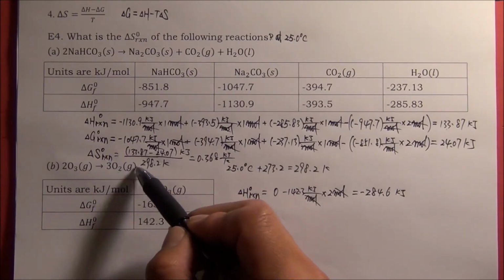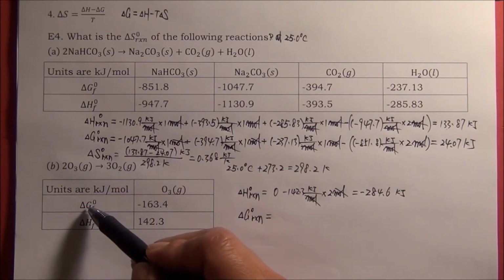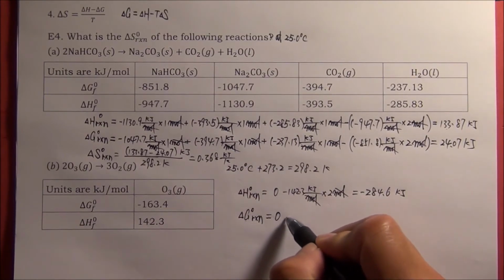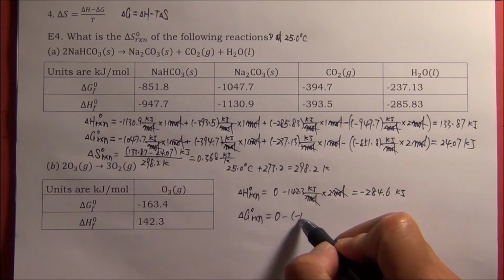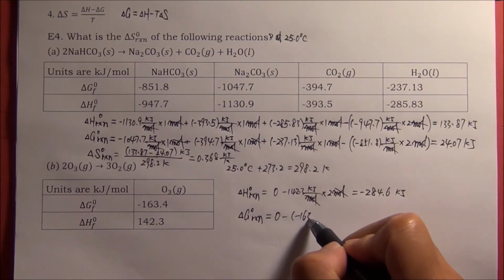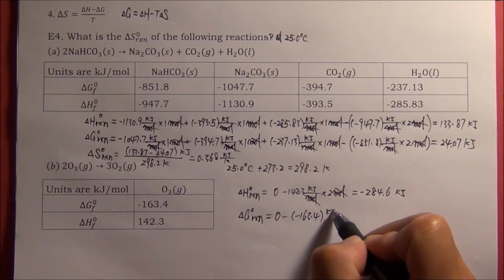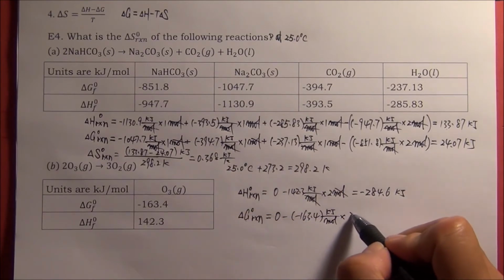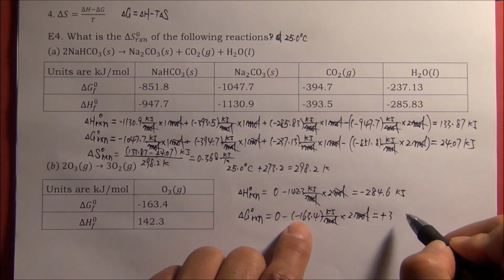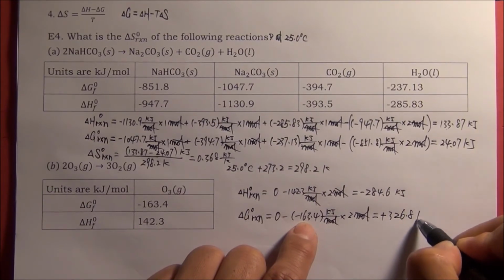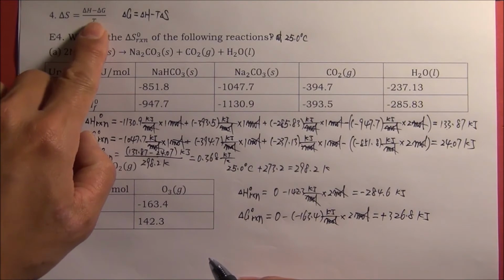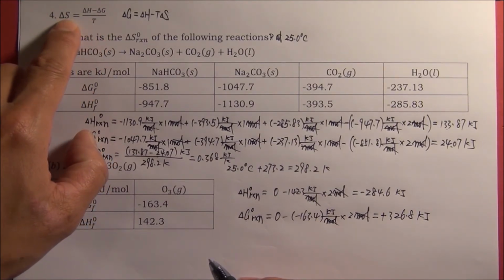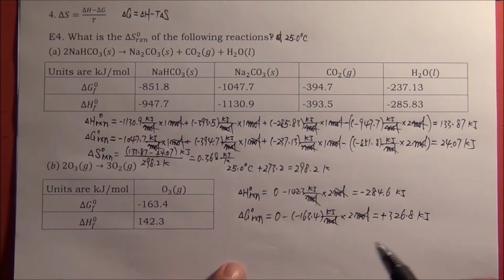So oxygen gas has 0 standard Gibbs energy of formation. 0 minus, this is negative 163.4 times 2 moles gives 326.8 kilojoules. Then we use this equation to calculate the entropy change.